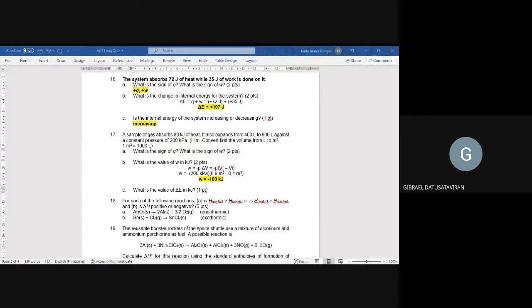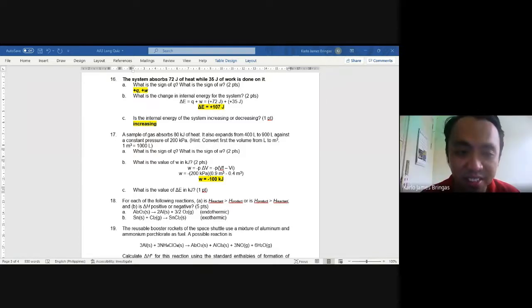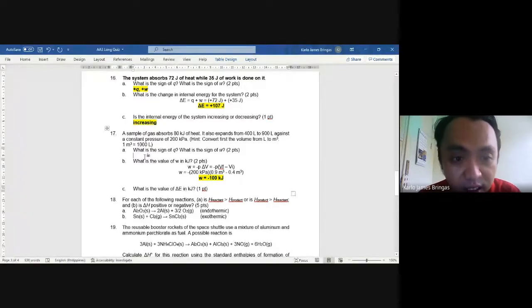Yes. Bakit kung i-multiply siya sa, oh, wait, never mind. Nakita ko na yung negative. 100 times 0.5. Meron palang negative sa tabi ng 200. Yes. So please don't forget the negative sign. So the formula for work done in expanding the gas is negative P delta V. Okay? Sige. So thank you for the question, Jibril.